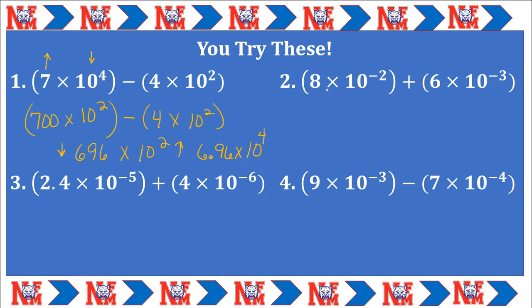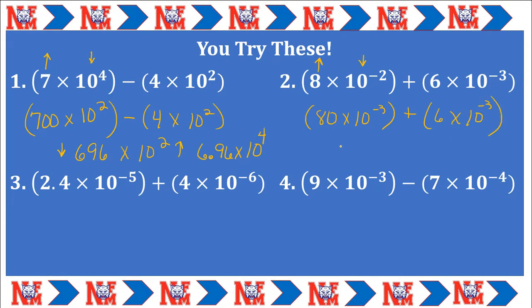Here we have negative exponents. So if I make this go down to -3, so I'm going to go down here, I'm going to go up on the coefficient. So we're going to have this as 80 times 10 to the -3 plus 6 times 10 to the -3.